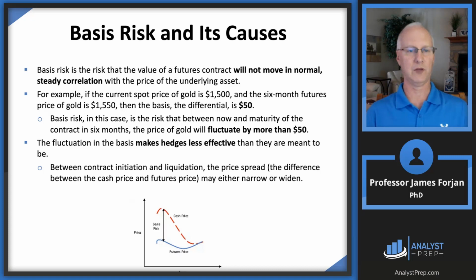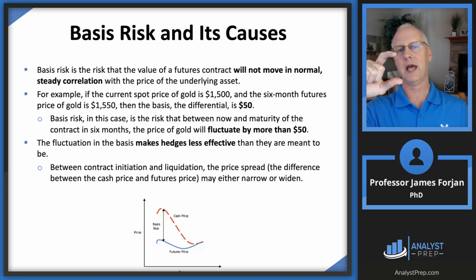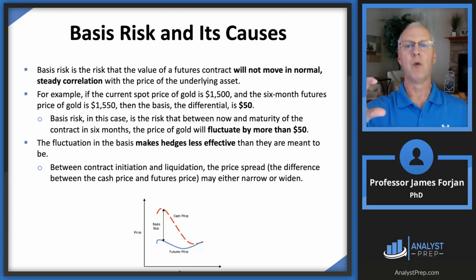And so the basis risk is the scenario under which, and here let me do it like this, we've got a $50 difference between those two prices. What's going to tend to happen to that $50 over time? It could be up because prices are going to rise and prices are going to fall, right? Does that make sense? But what happens if that $50 all of a sudden becomes $75? Or if it becomes just $25? This is basis risk. And the problem with basis risk is that it makes the hedges less effective.